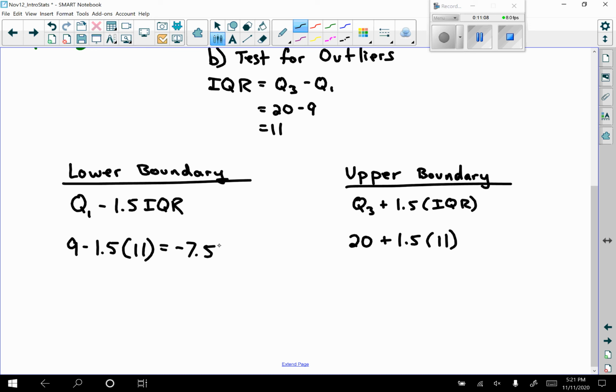But 20 plus 1.5 times 11 actually gives us, if you didn't calculate that yet, go ahead and do that, 36.5. So yes, 50 definitely is above that. So we would say yes, there are outliers. 50 is an outlier.